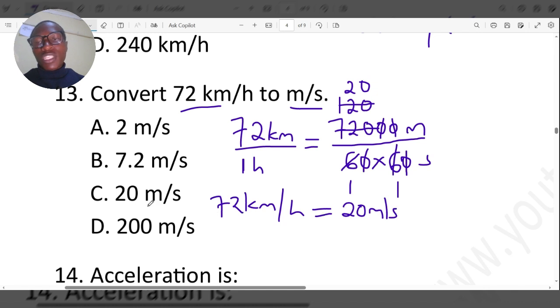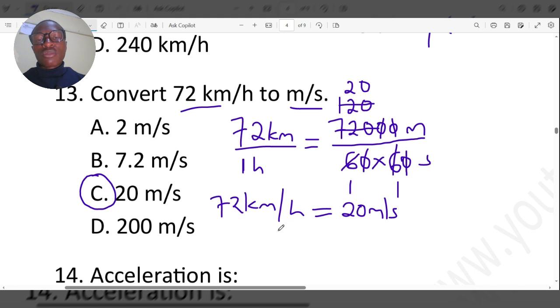So this is the correct answer, but allow me also to mention that if we want to convert from kilometers per hour to meters per second, we can say 72 kilometers per hour multiplied by a certain fraction should give us 20 meters per second. We want to get what that fraction is.